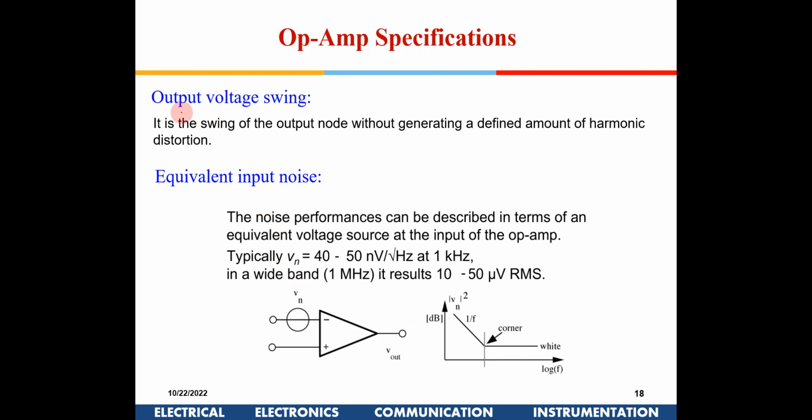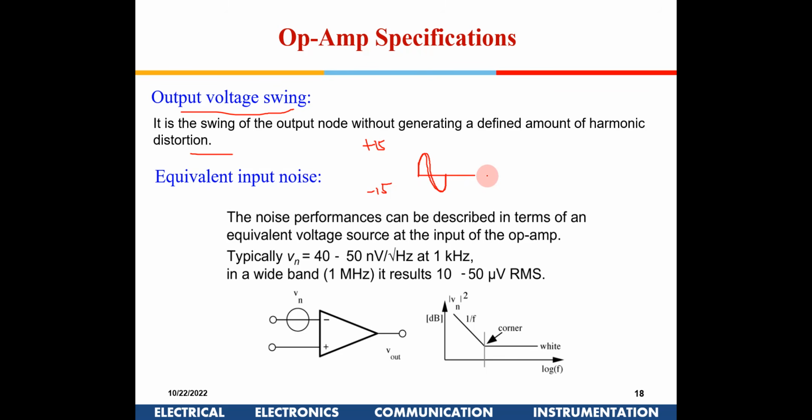Then output voltage swing. Suppose this is a pure sinusoidal, I am giving plus 15 volt and minus 15 volt supplies, and I am taking an output of plus 5, minus 5. I might get a pure sinusoidal.